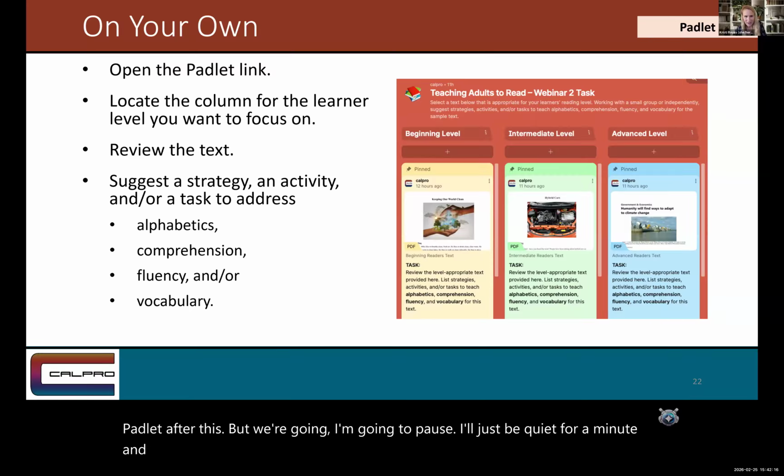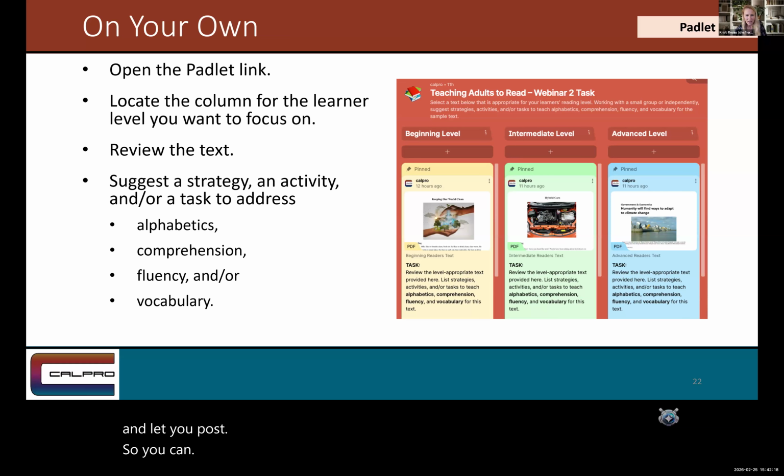So you can add to the Padlet for the level that you teach or the level that you are most interested in.